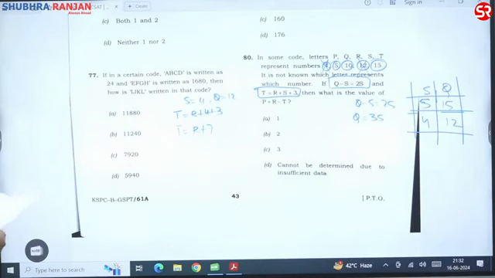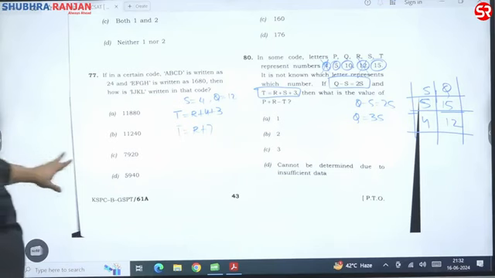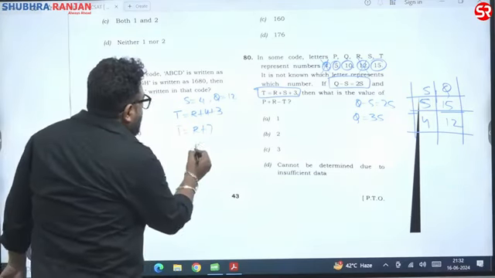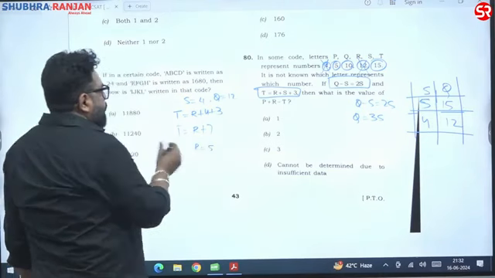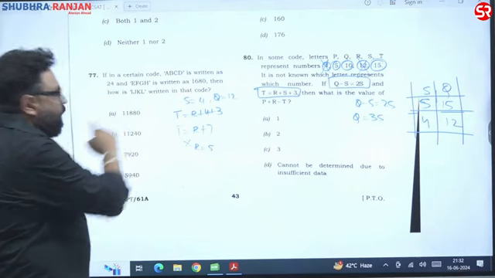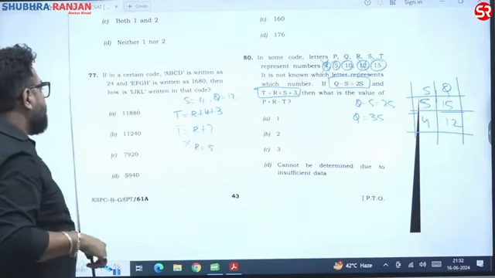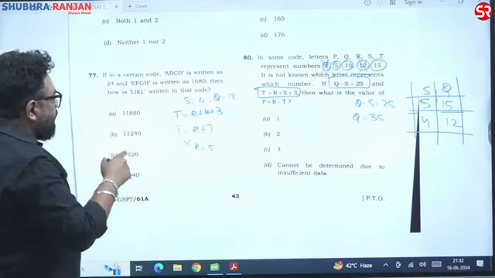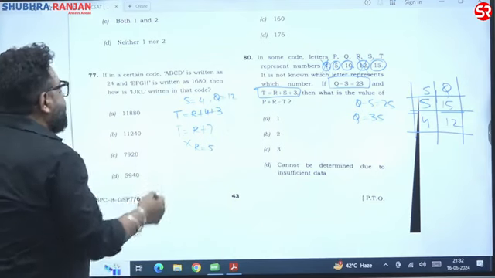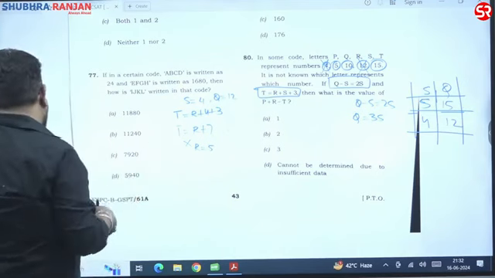In that case, what should the value of R be? See, R is either 5, so then T would be 12, not possible because 12 is already taken. Or R plus 7: 5 is not working, so add 7 to 10.